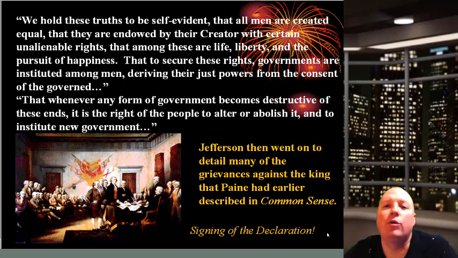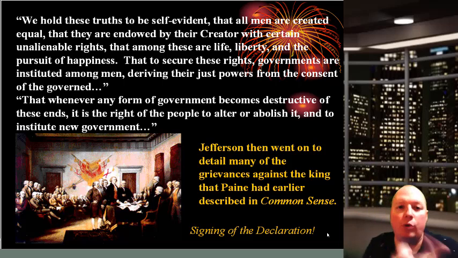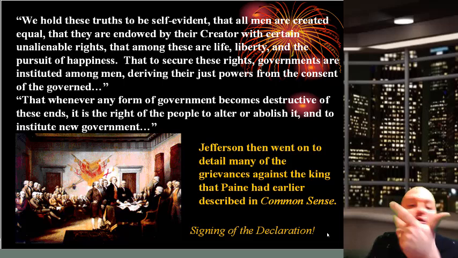So we hold these truths to be self-evident. So we believe that these truths are facts. We believe that these facts are self-evident, meaning obvious. So we think it's an obvious fact that all men are created equal. And in this case, he may not necessarily mean white and black, but man and king.